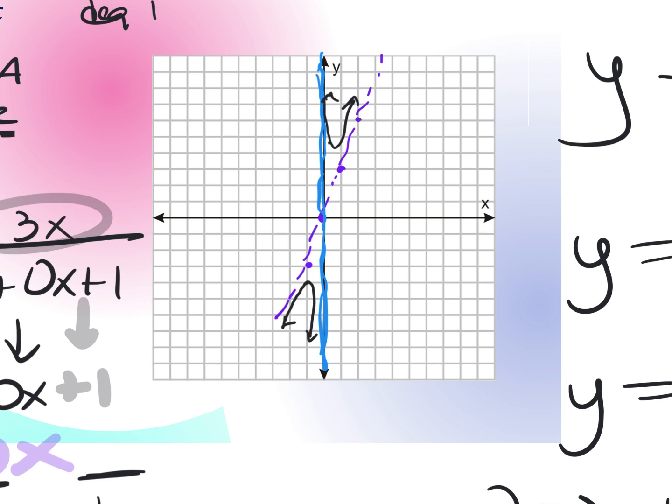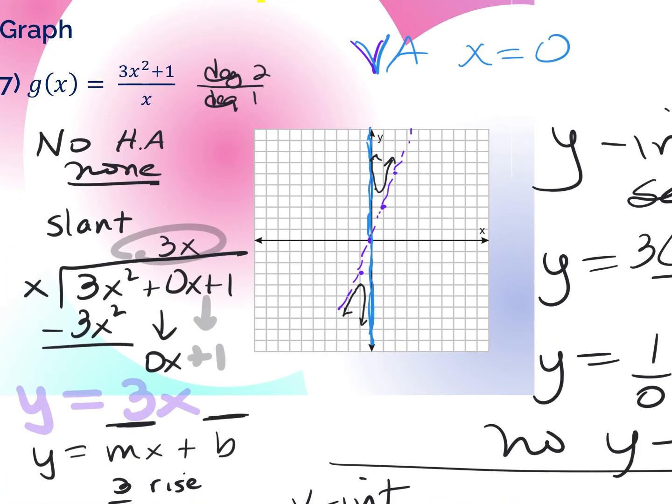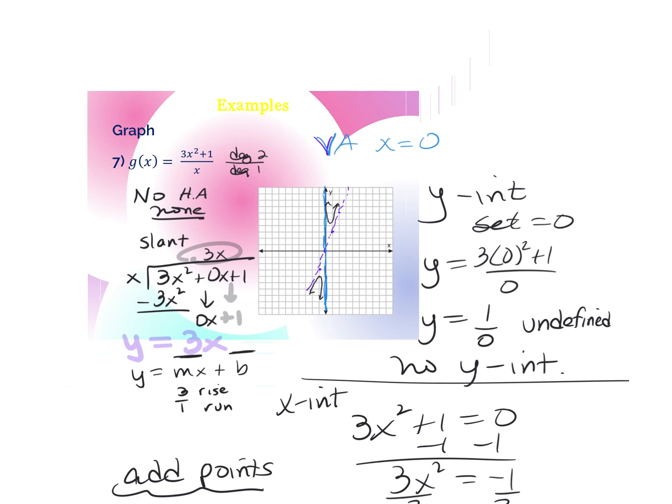So more than likely, you might get something similar to this question on the quiz where these boomerang shapes aren't going to touch the axis, but they may be way up here. So you're going to need to be able to manipulate your calculator and use the window to zoom in and out.